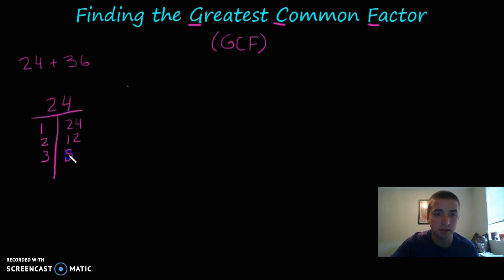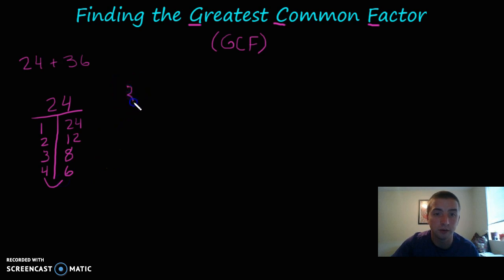So 3 times 8. I know 4 works because when I divided by 2, I can divide 12 again by 2, so I can cut 24 in half twice to get to 6. 5 does not work because 24 does not end in a 0 or a 5, and then I'm at 6, so I've got all my factors there.